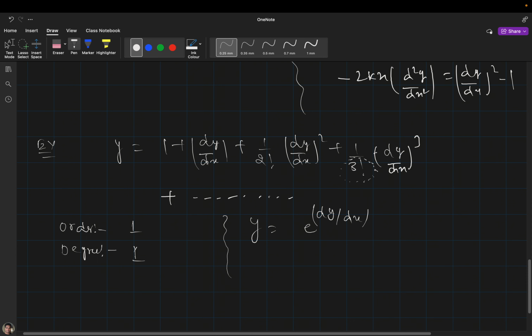One thing you should understand, that for every function you cannot find the Taylor expansion series, Maclaurin series. That series should be converging. Here you can see that this series is actually converging, so that's why you are writing like this. That's why the order is 1 and degree is also 1. Fine.